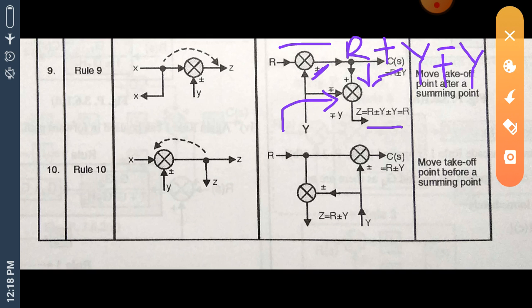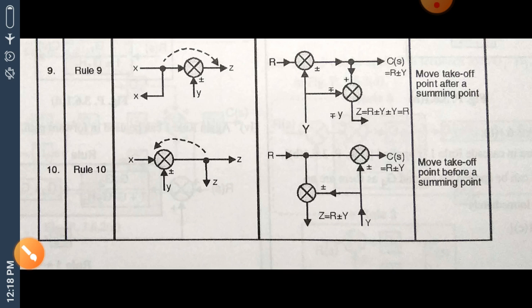Combined, we get positive negative and negative positive, which will cancel out these two terms Y. Finally we will get only R. So this is the rule for moving a takeoff point after a summing point.